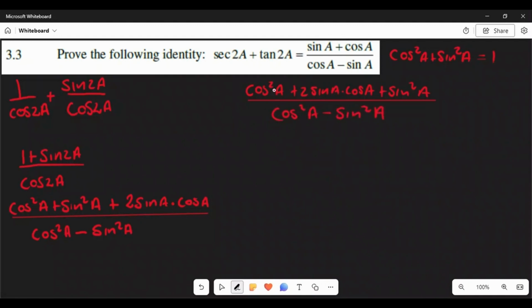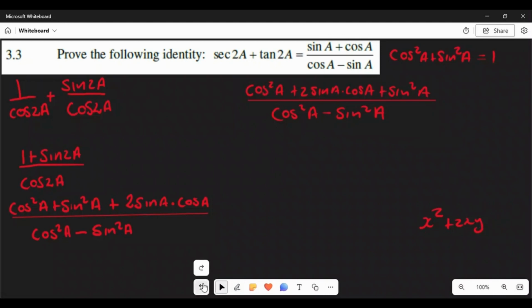If you look at this, guys, this is similar to x squared plus 2xy plus y squared. So you can actually factorize this. If we say cos is x and y is sine, you see it's kind of similar to that. I hope you are able to see that.